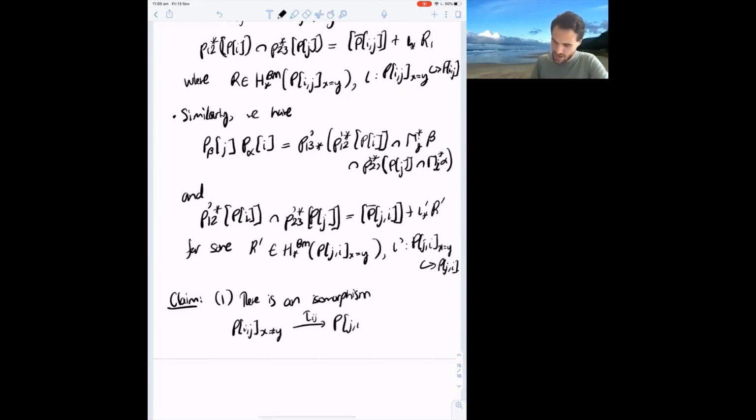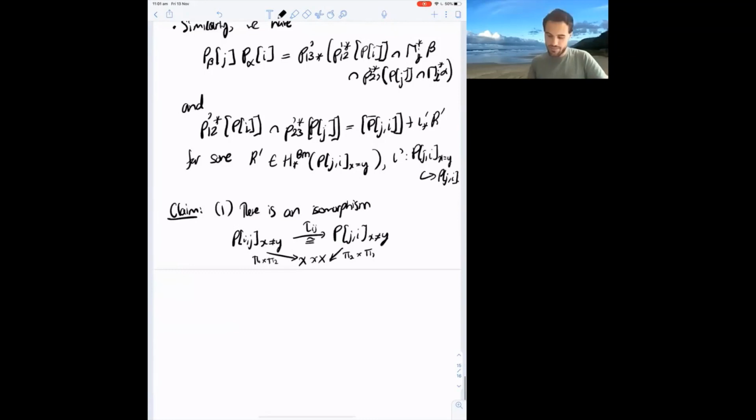So you have Pji where x is not equal to y, and then it commutes over the projections. So you have two projections to x, pi1 times pi2 or pi2 times pi1, like that. So you have an isomorphism between these things that swaps pi i and pi j.